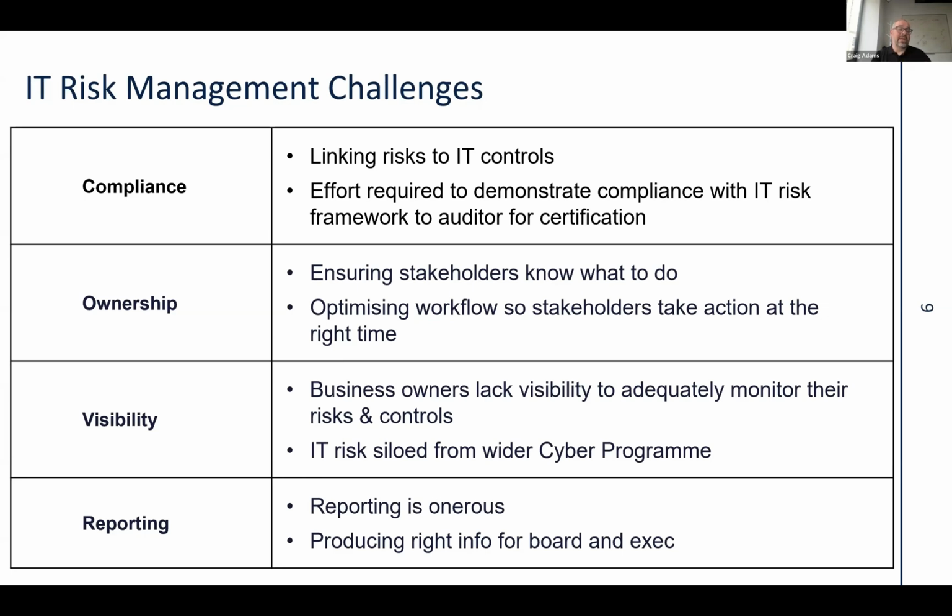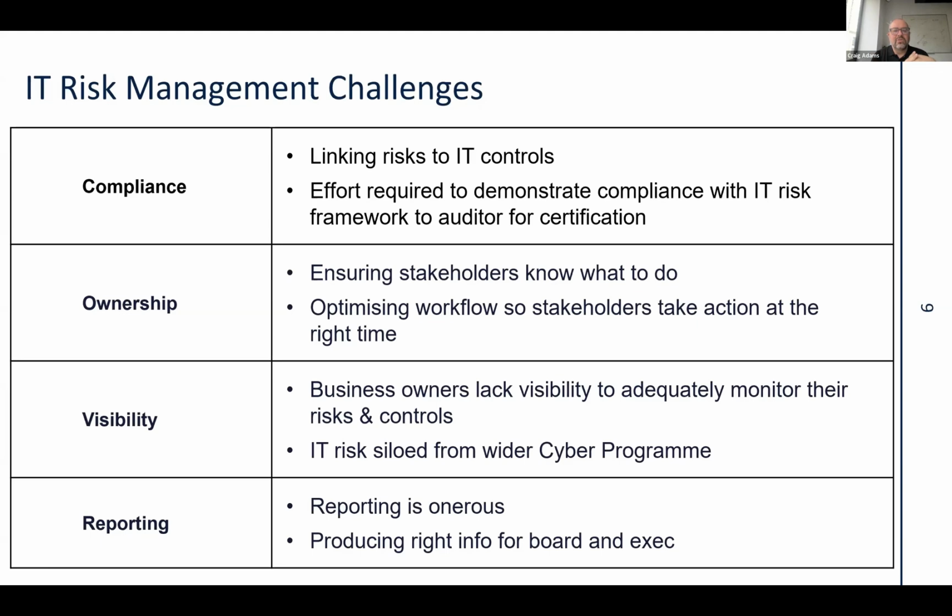The second area where we tend to see lots of challenges is around defining and enabling stakeholders to have ownership of their risks, as well as the controls that they manage.